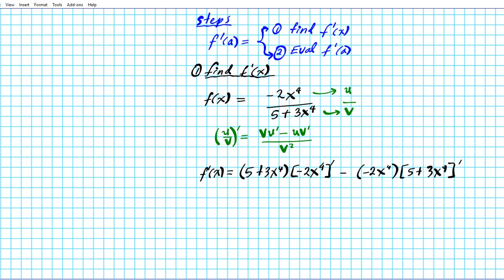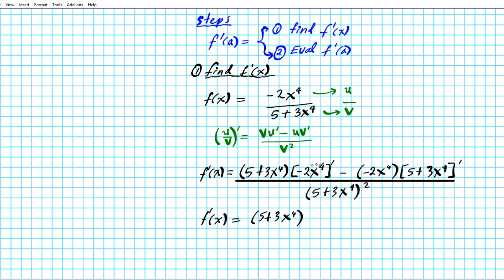And then this entire thing is divided by the denominator squared, which is the quantity 5 plus 3x to the fourth, squared. Let's go ahead and carry out the differentiation components. F prime of x is going to be the quantity 5 plus 3x to the fourth times the derivative of negative 2x to the fourth.